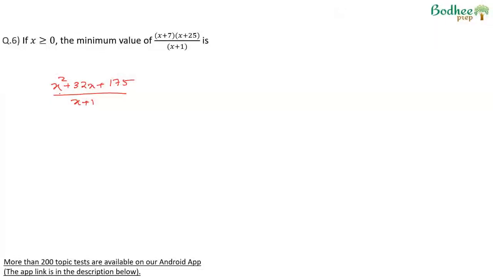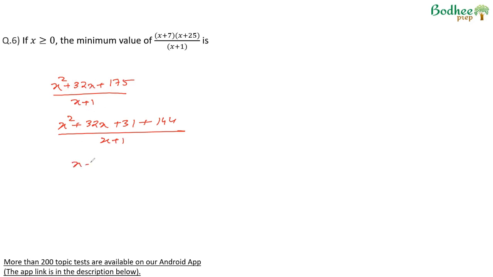If we take out x + 1 from here, this can be written as x² + 32x. Since we're taking out 1 from here, 31 will remain, plus 31. Taking 31 out of 175, we'll have 144. Basically, I'm trying to break down x + 1 into x plus something. That something will be 31.